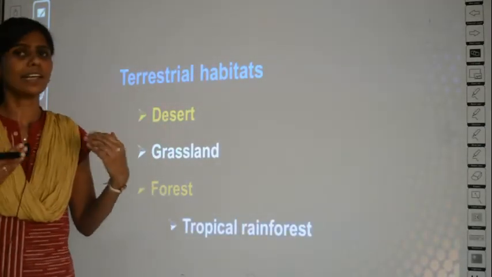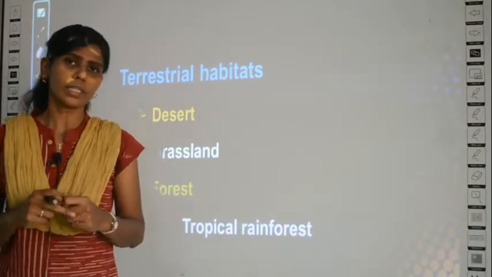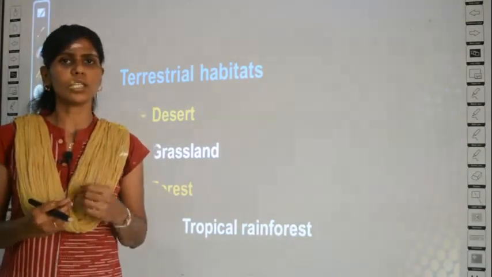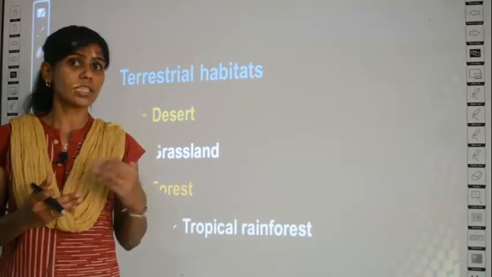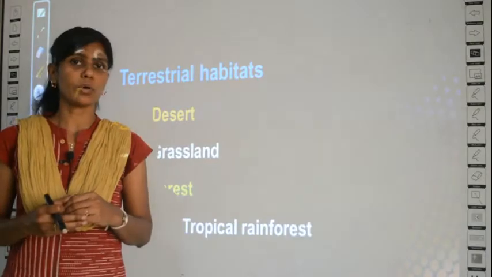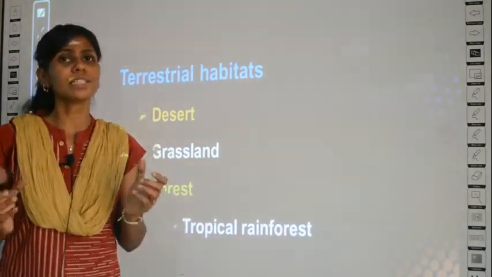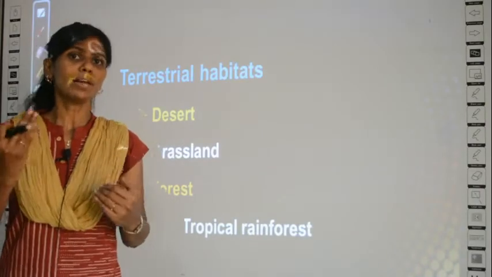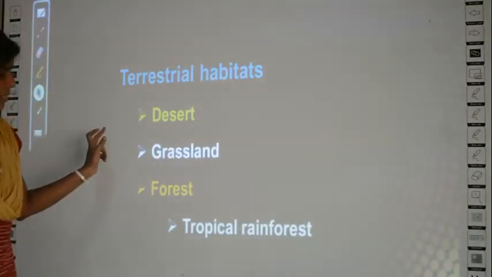So we will quickly learn about the nature of a tropical rainforest, and then we learn about the plants and animals living in that tropical rainforest, and then only you are going to learn about the adaptations, what those plants and animals adapt themselves to live in that tropical forest. So this is about today's class.